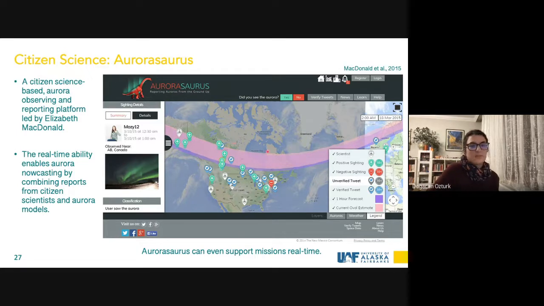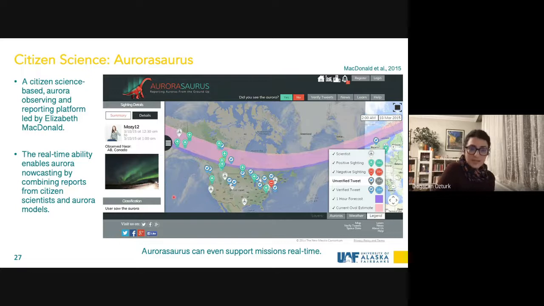So people can help either way: they can contribute by tweeting auroras that they see, or by identifying the tweets and whether they are really about aurora observed recently, which provides a real-time ability that enables aurora nowcasting merged with the large-scale models.